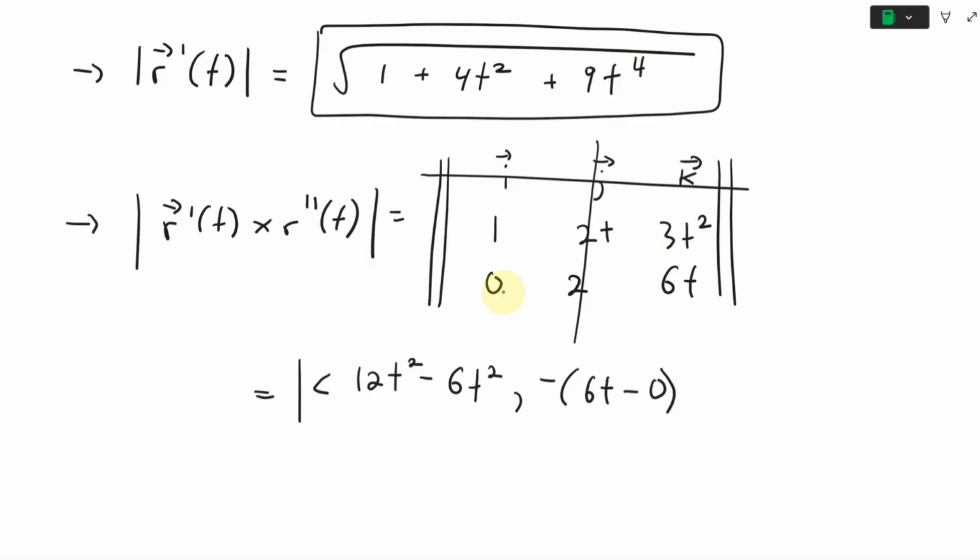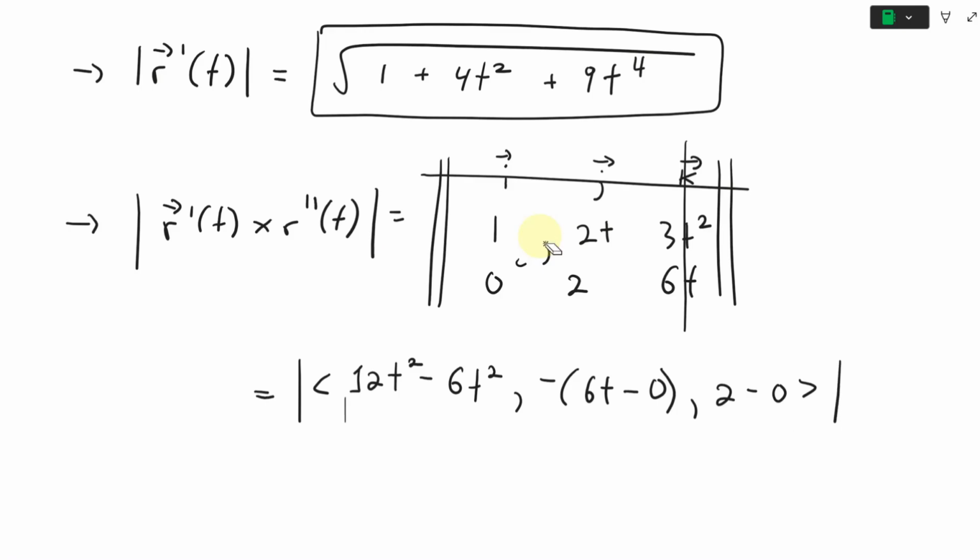The last setup is we cross out the last column, multiply these two, and subtract those two. So we get 2 minus 2t times 0, which is 0. Then close the bracket, and then we take the length of that.